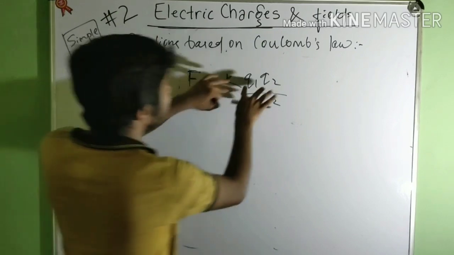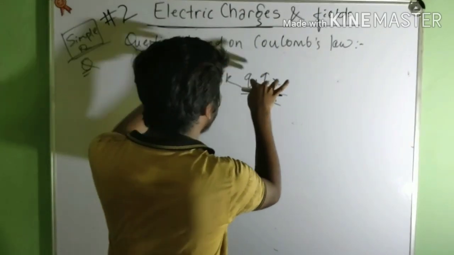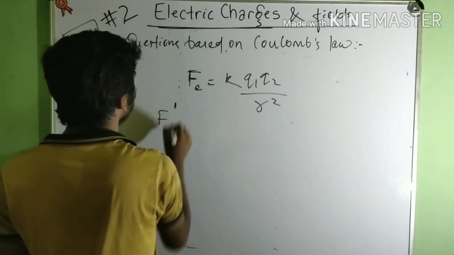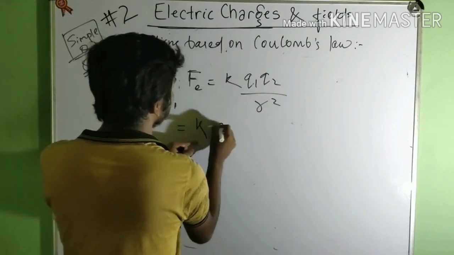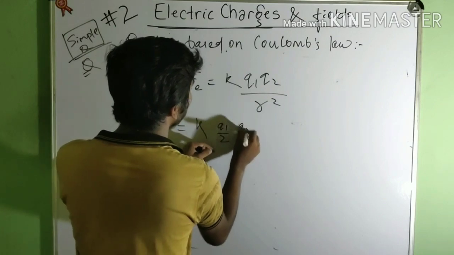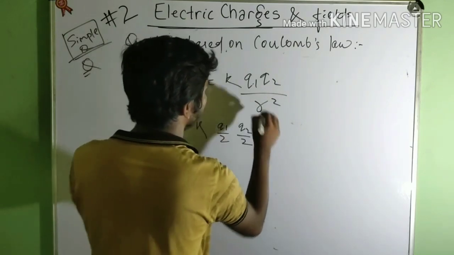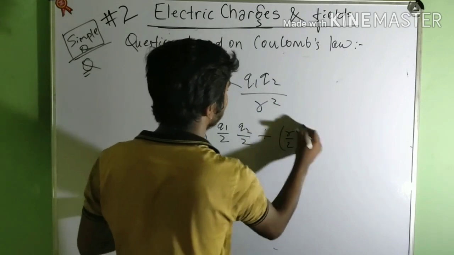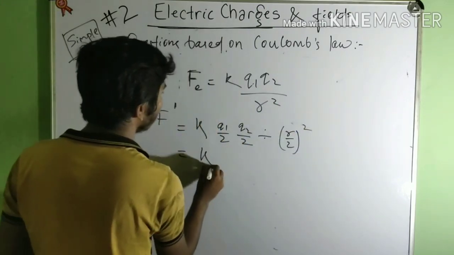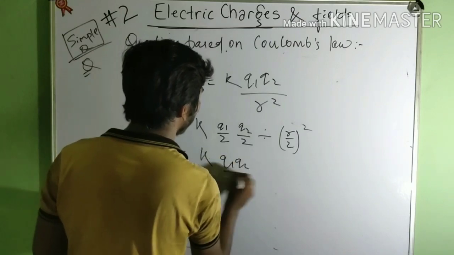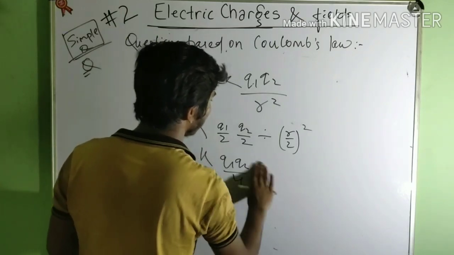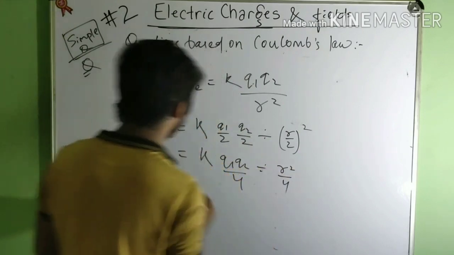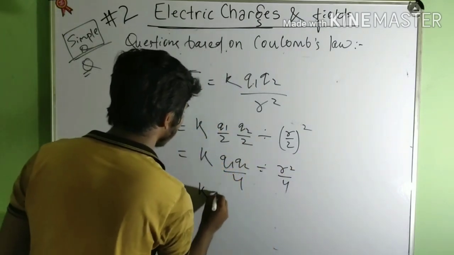If the charges are halved, F new or F dash is equal to K Q1 by 2, Q2 by 2, divided by r square. And the distance is halved, r by 2 whole square. Then K Q1 Q2 by 4 into simply divide r square by 4.